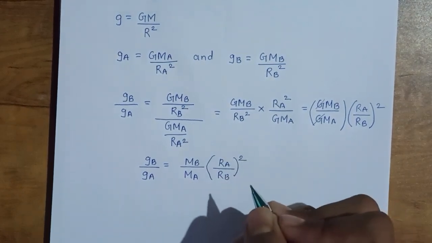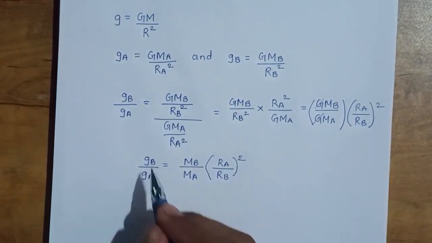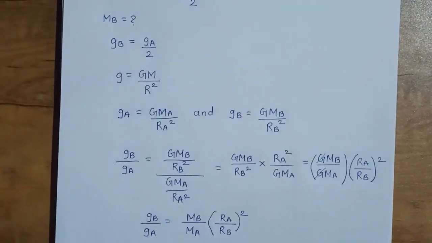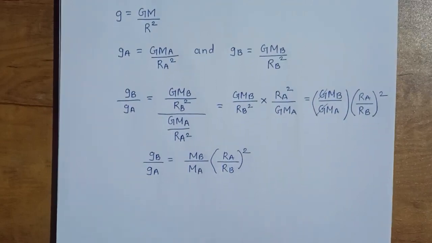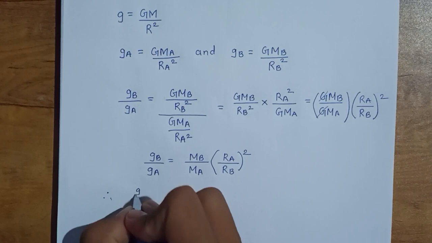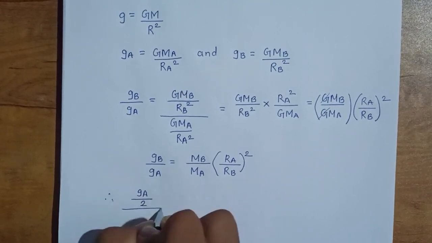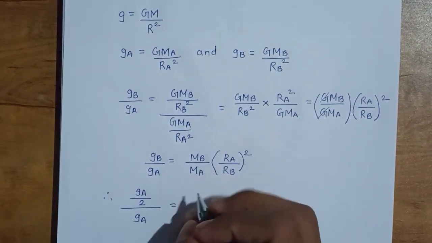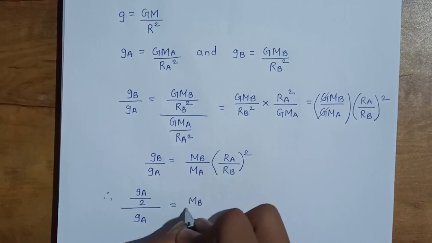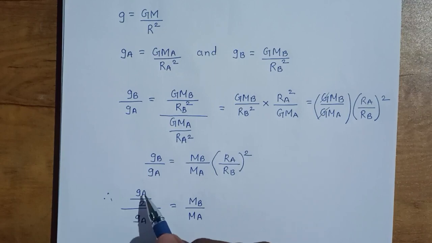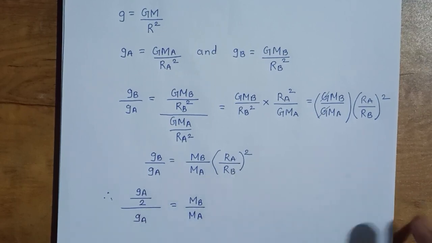Now, what is Gb? Here we have written Gb is half of Ga. Therefore we can write Gb, that is Ga by 2, divided by Ga, equals mb divided by ma as it is, and here Ra by Rb.